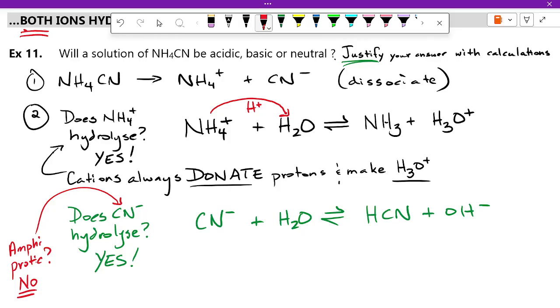You should check if it's amphiprotic, because if it's not amphiprotic, it's always going to act as a base. Okay.